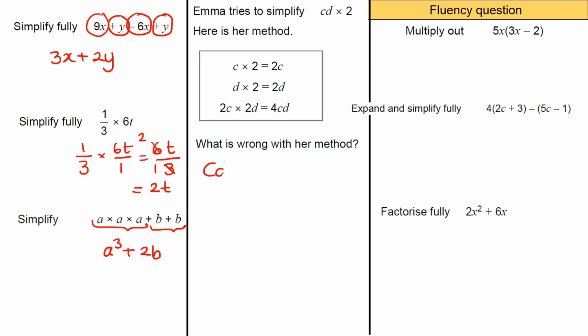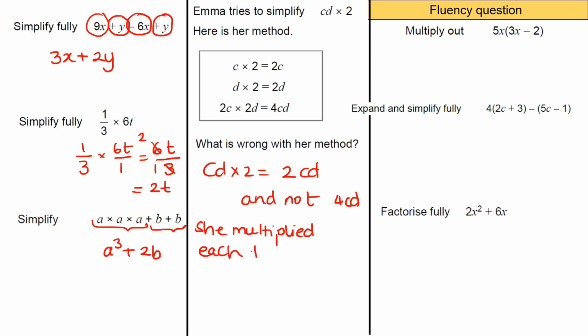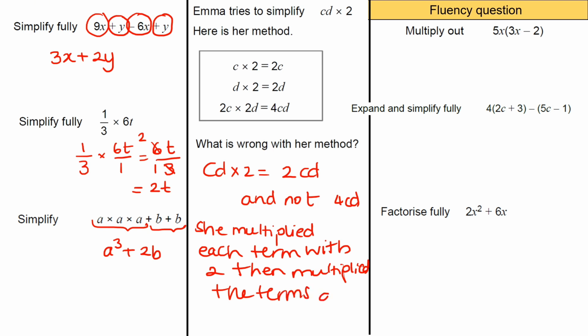So CD times 2 is going to be 2CD and not 4CD. She multiplied each term with 2, then multiplied the terms again, which is wrong.